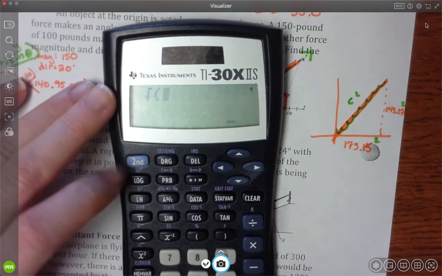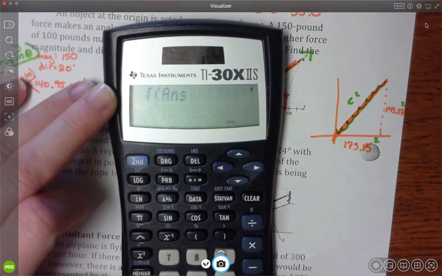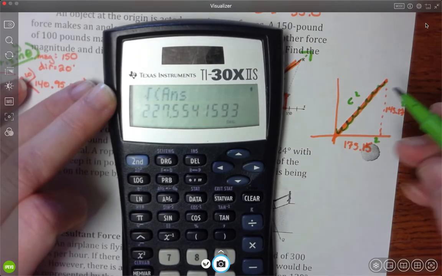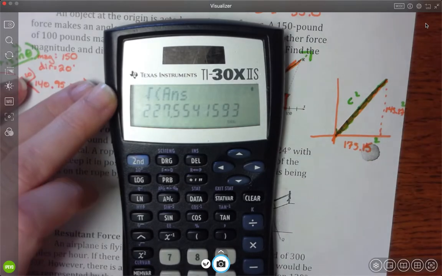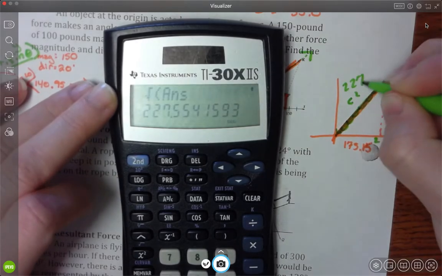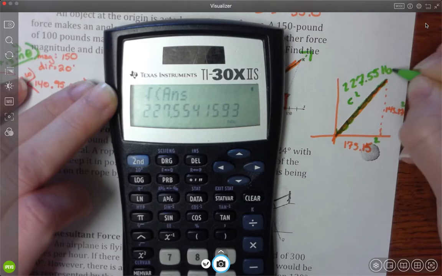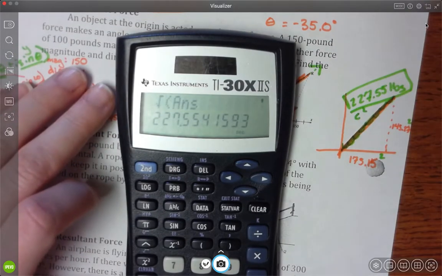So I'm going to do the square root of the answer. And that means that the force here is going to be 227.55 pounds of force. Okay, so that's my magnitude. That's how big the force is.